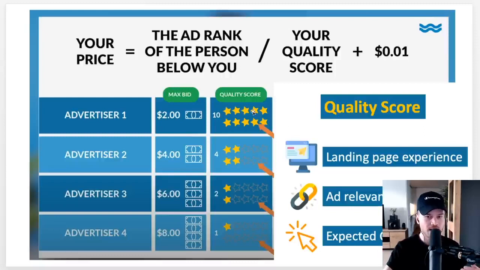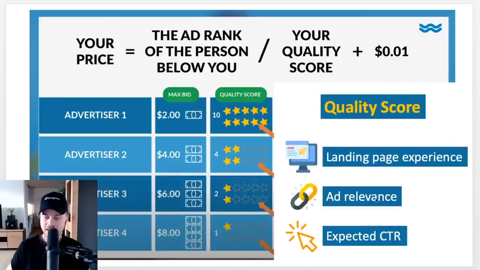While Google is showing your ad, they will track what happens afterwards, and then they will develop a quality score for your ad. The quality score depends on your landing page experience. So are people actually staying on the page that you're sending them to?